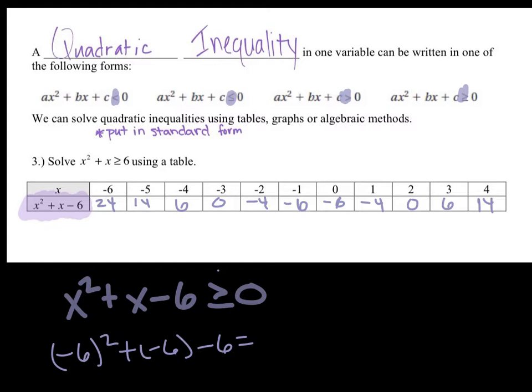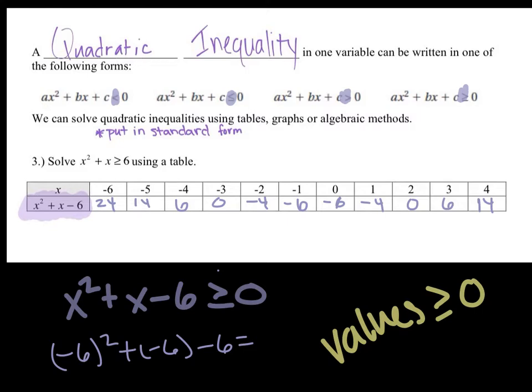So if we're trying to look at the inequality that we're given, that's what we always go back to, we have the inequality x squared plus x minus 6 is greater than or equal to 0. So we want the values that make that true. So we want the values that are greater than or equal to 0.